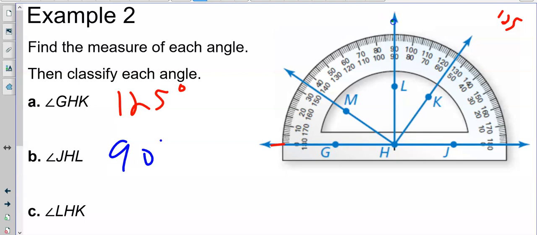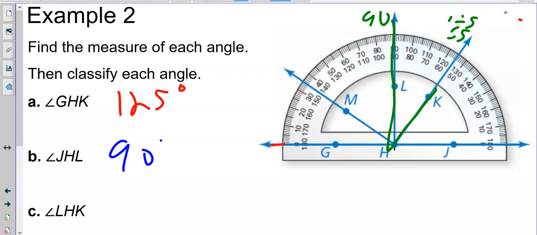And then LHK. L is here. H, K. Now here's where I have to do that subtraction thing again. Now here, either way, it's 90. Okay? And then here, I have a choice of two numbers. Either it's 55 or it's 125. Sorry, I don't know why my pen is not writing completely.